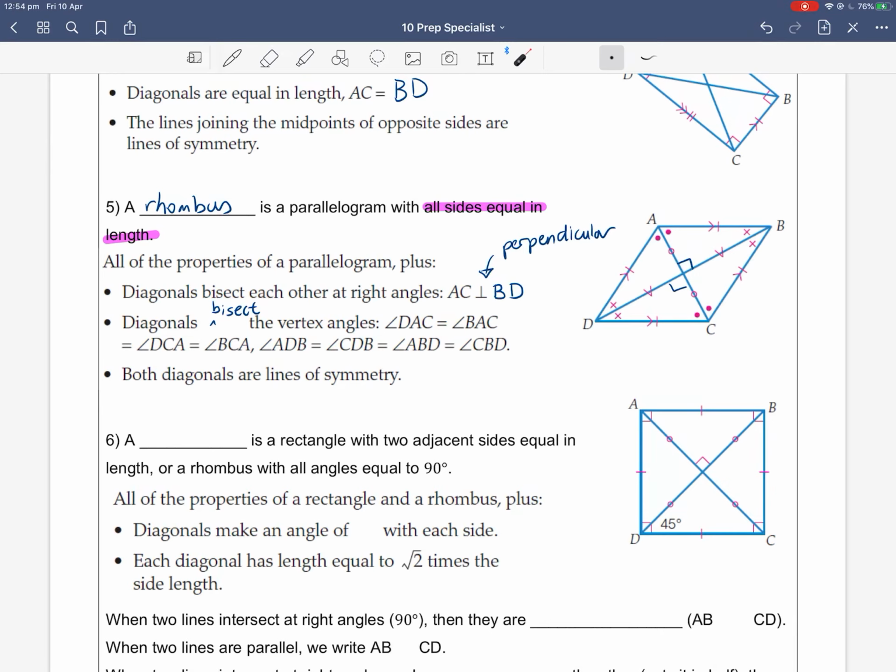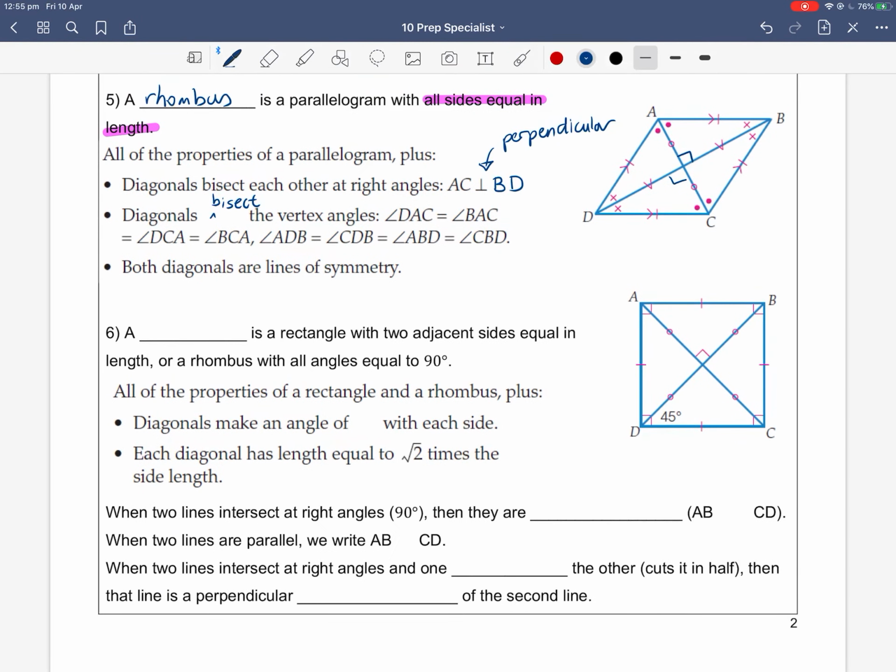So you can see that all 4 angles represented by solid dots are the same angle. And then these 4 angles of the crosses are the same angle size as well. And also both diagonals are lines of symmetry. So if you fold the shape along DB, you get the exact same shape. And then if you fold along AC, you get a symmetrical shape as well.